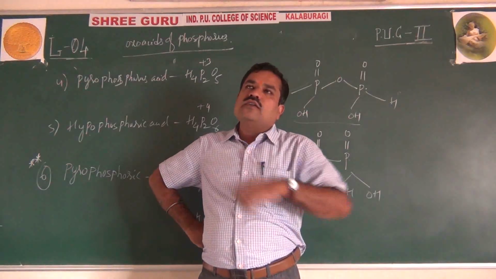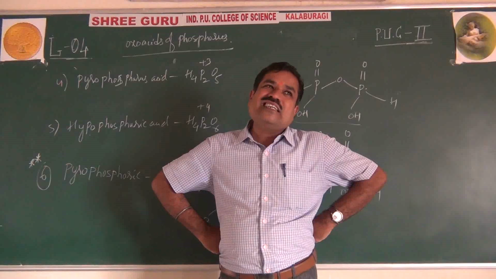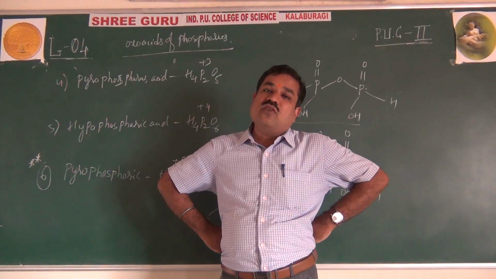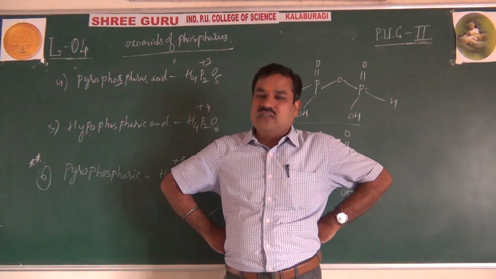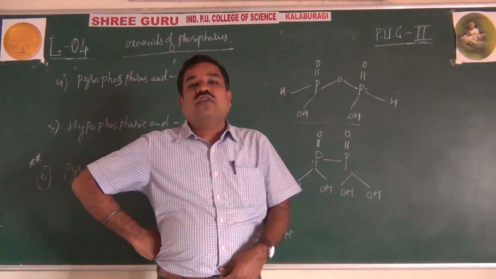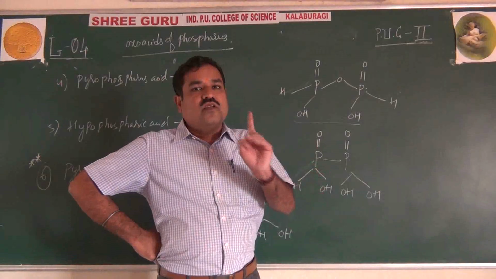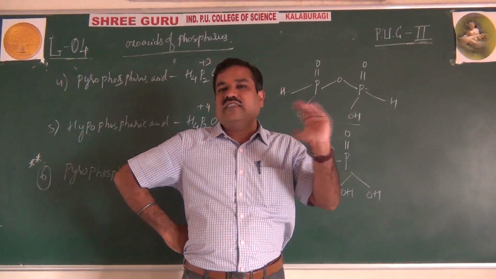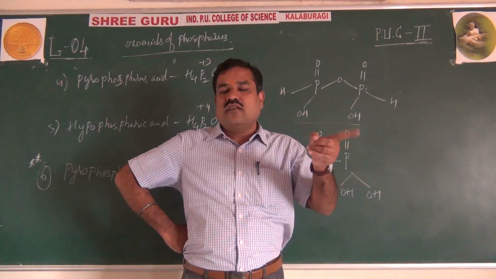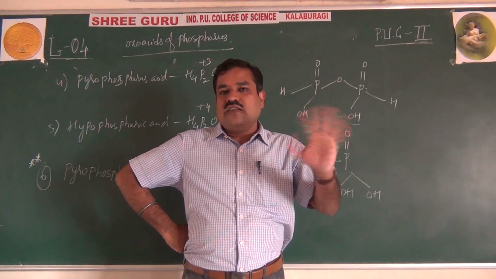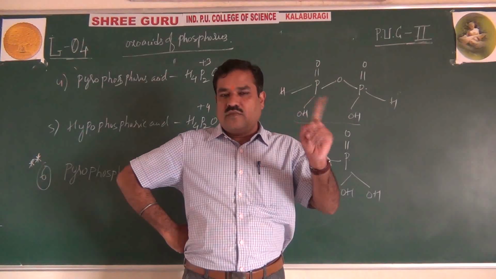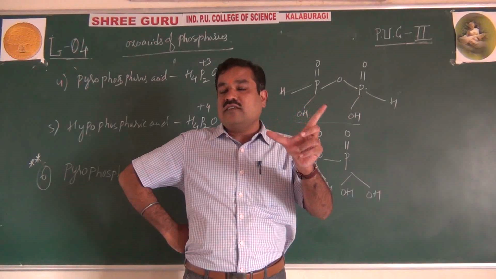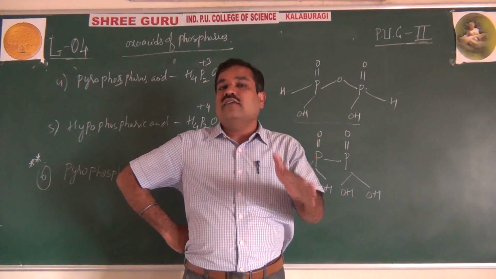Remember, basicity depends on POH, not on the PH hydrogen. The PH bond is non-ionizable, but the POH bond is ionizable. Therefore, as the number of OH groups increases, basicity increases: monobasic, dibasic, tribasic. Hypophosphorous acid is monobasic because it dissociates as O minus and H plus.